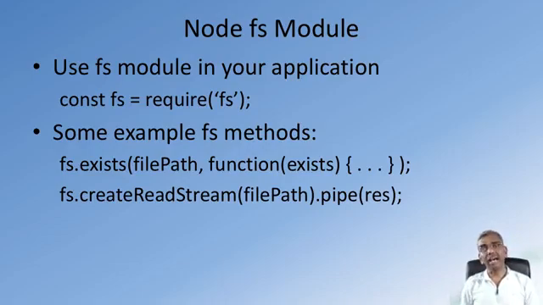So these are some examples of core Node modules that will be very useful when we are constructing an HTTP server using Node. Now that we understand some details about the HTTP server and how it can be constructed, let's go to the exercise where we will construct a simple Node HTTP server, which first will serve up some basic information, and then after that we'll serve up files that exist in a public folder in our project.